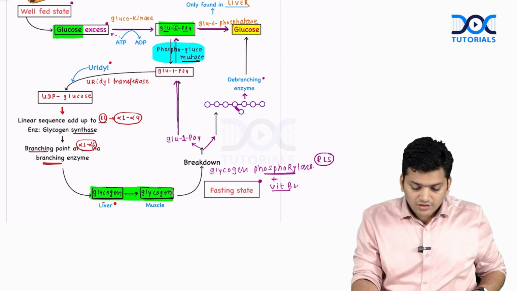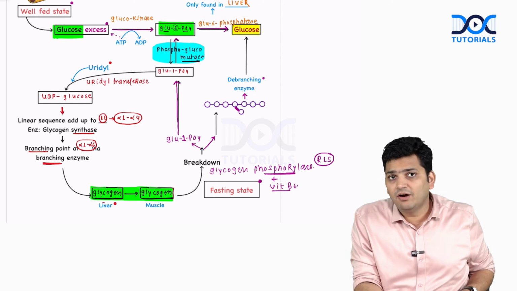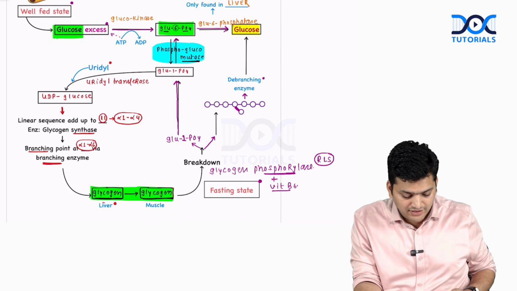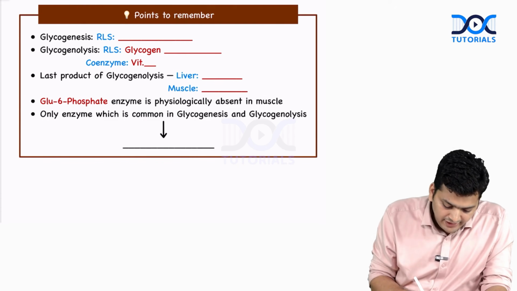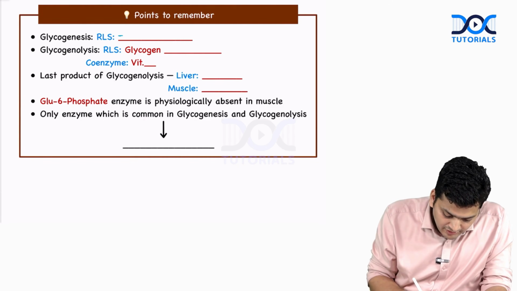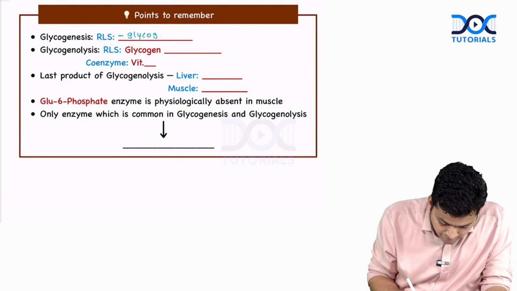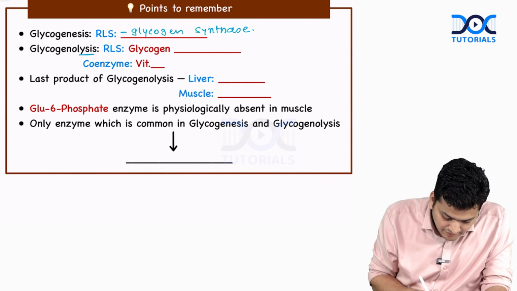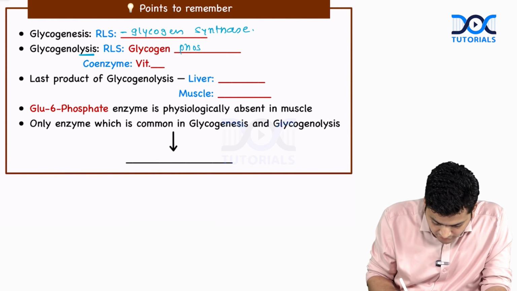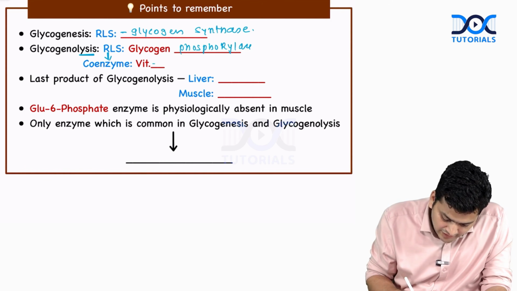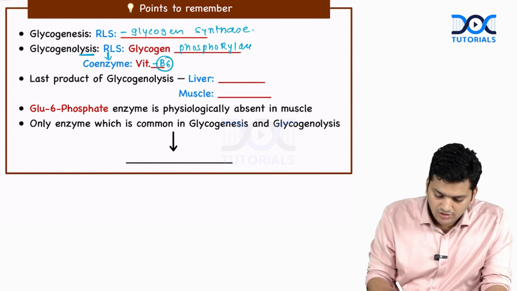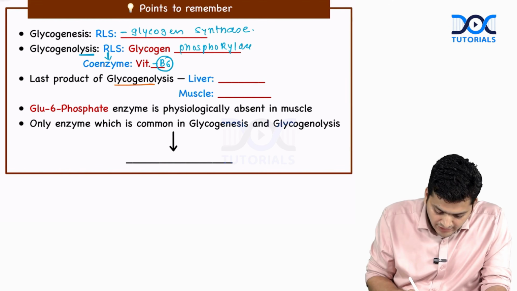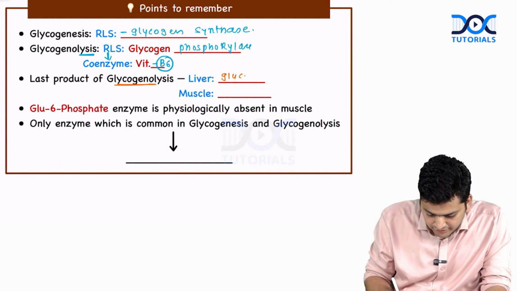Okay, so what are the facts to be remembered and how are we going to answer these MCQs? The rate limiting step of glycogenesis is glycogen synthase. For glycogenolysis, the breakdown, it is glycogen phosphorylase. For glycogen phosphorylase, the coenzyme is vitamin B6. What is the last product of glycogenolysis in the liver? In the liver, we generate glucose.